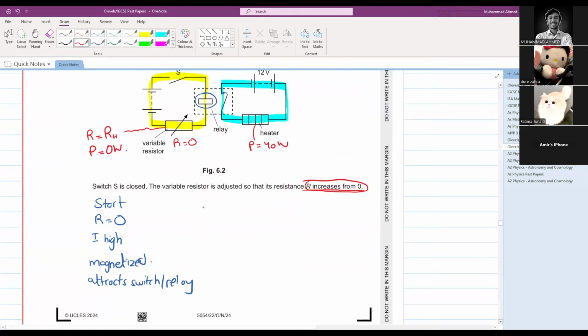But now let's assume your resistance is quite high. Your current across the yellow circuit will be low. This blue magnet will not be magnetized, or has a lesser magnetic field.